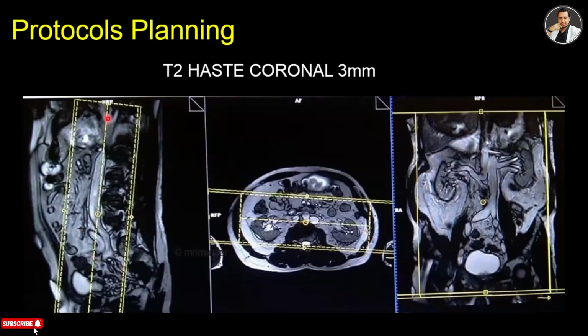And you can see that in the sagittal image the planning or positioning block is slightly angled, and it's angled parallel to the ureter or the level of the kidney and the bladder. And also in the axial image the slices should be parallel to both kidneys.